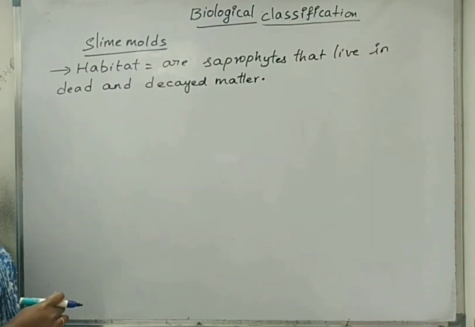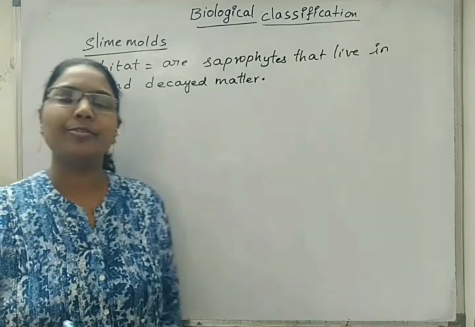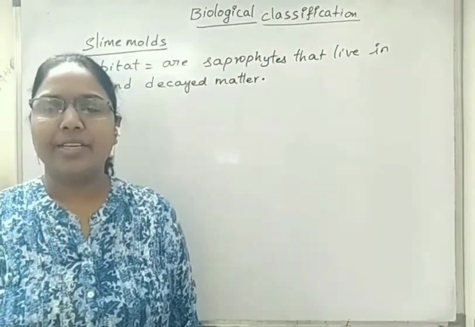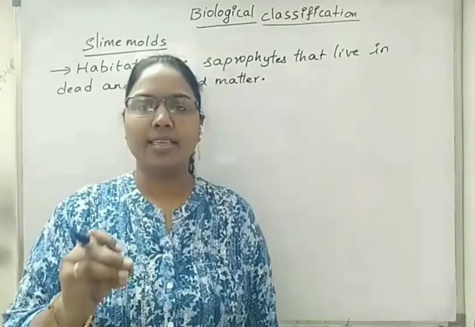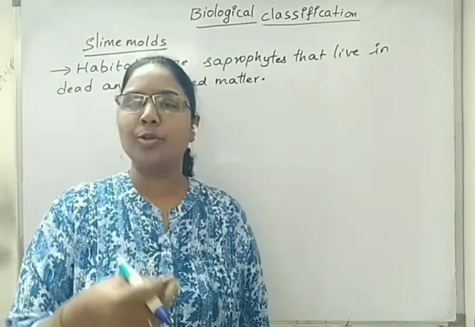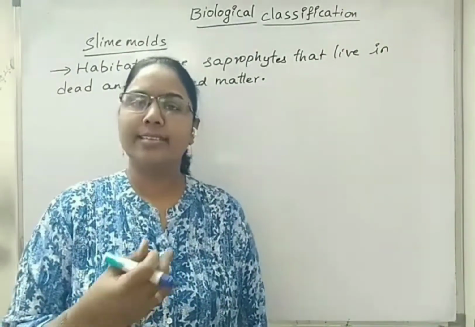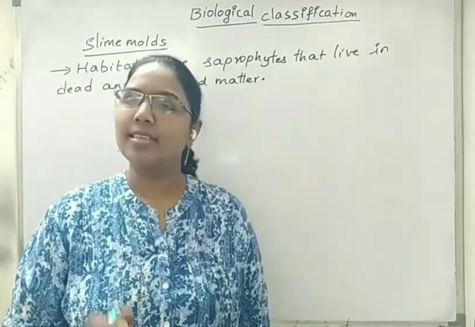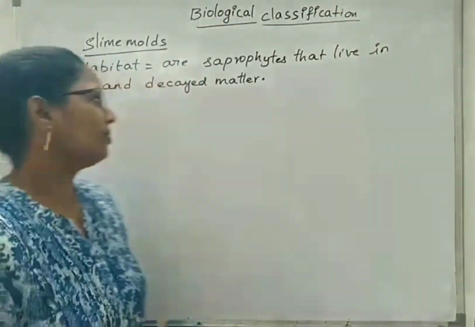These slime molds are similar to fungus. In the fields or in some area where there is litter which is moist and getting decayed, in that area these slime molds will grow.